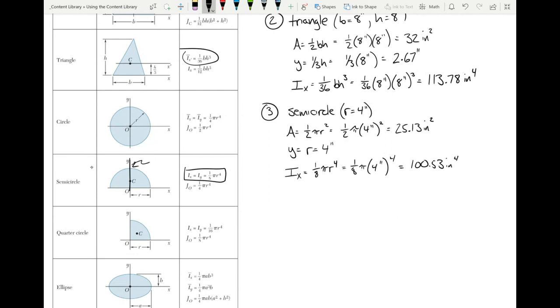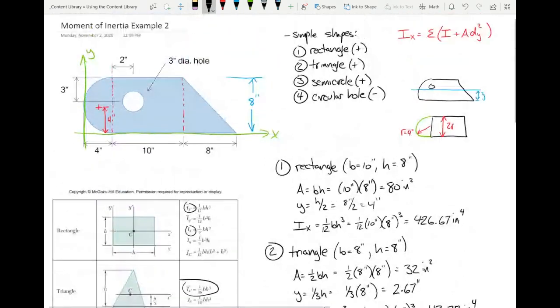And lastly, we have this circular hole. Now remember, when we insert the values in the table, the areas and the moments of inertia are going to have to be negative. Now, let's first go back and refresh our memory. What do we know about the hole? The hole has a 3-inch diameter.